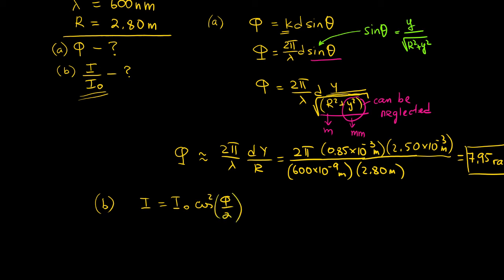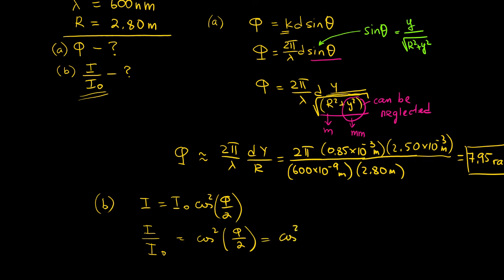I derived this expression in the video I previously made on the intensity of the interference pattern. So from here I can say the ratio of I over I naught equals cosine squared phi over 2. All we need to do is plug in the value of phi.